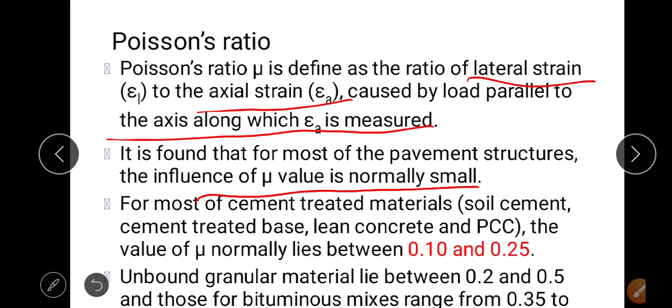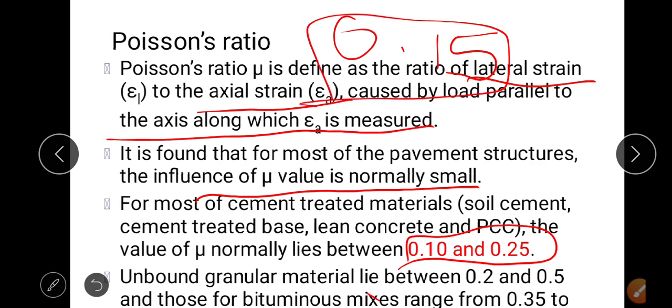It has been observed that for most of the cement treated materials, that is soil cement, cement treated base, lean concrete and PCC, the value of mu normally lies between 0.10 and 0.25. Usually for concrete, we take it as 0.15.